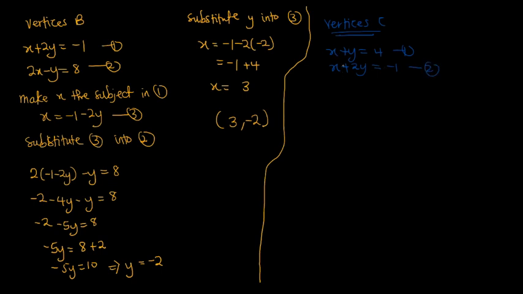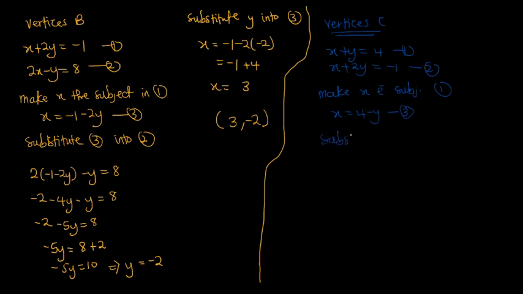Already we have x here, so I can make x the subject in equation 1, and I'll have x is equal to 4 minus y. This will become my equation 3.